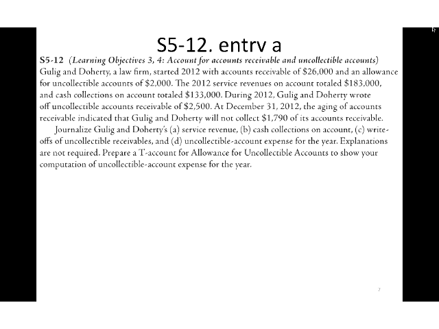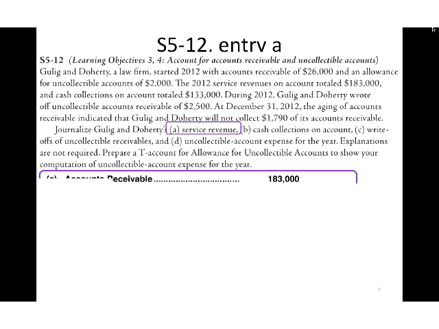The first journal entry says to journalize their service revenue. If we look back, we see in the middle of the first paragraph, the 2012 service revenues on account totaled $183,000. Whenever we have service revenue on account, we're writing the journal entry for that. We are going to debit the receivable and credit service revenue. Okay?